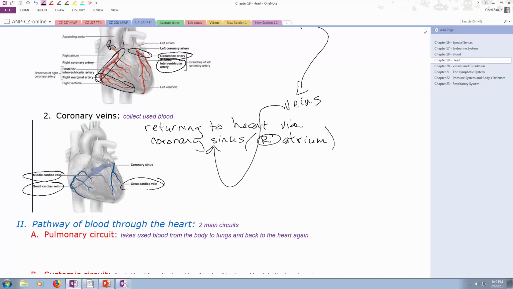Now, I want to ask you a question about circulation to the heart muscle itself. Remember where the coronary ostia are? That's the beginning of the blood flow to the heart. You guys understand that now. So when the left ventricle contracts, what do we know about the coronary ostia's opening?